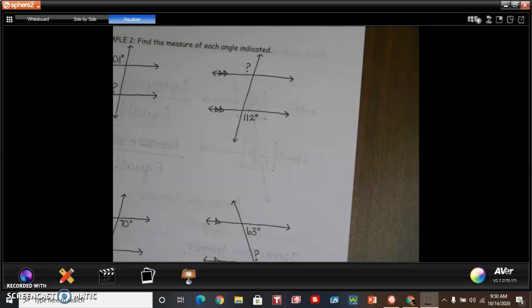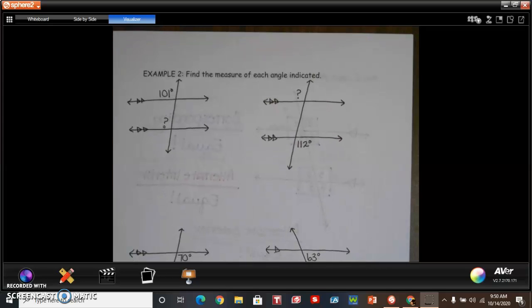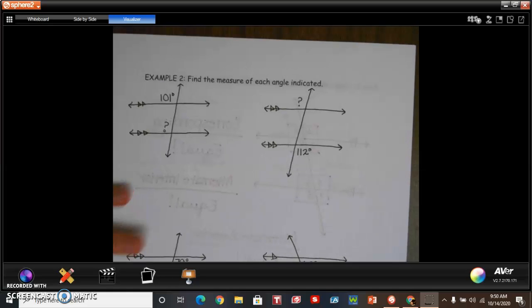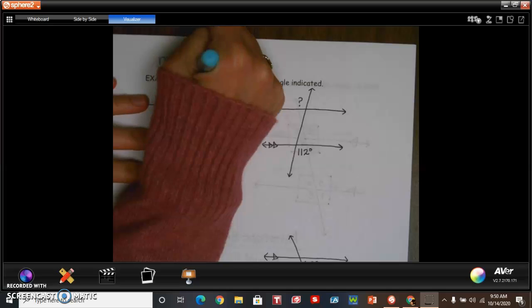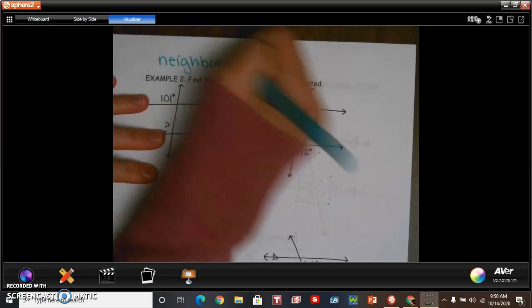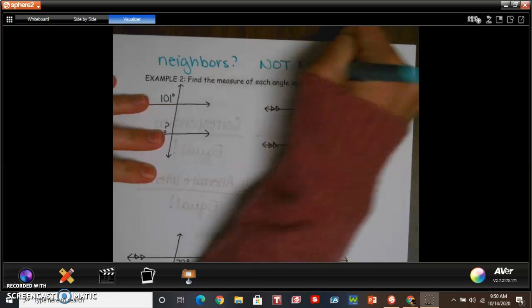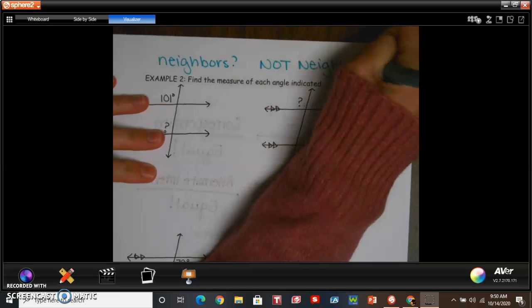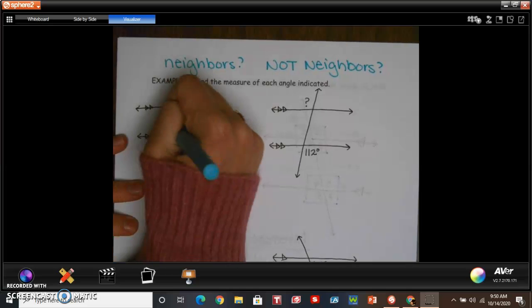So this is example 2. I provided 4 examples, 1 of each, and yes, these are all examples from your homework, okay? So remember, we're going to ask ourselves, neighbors or not neighbors? Okay, so we look at the first one here. Here's the angle we want to know.